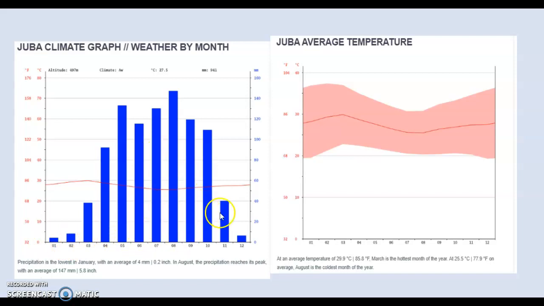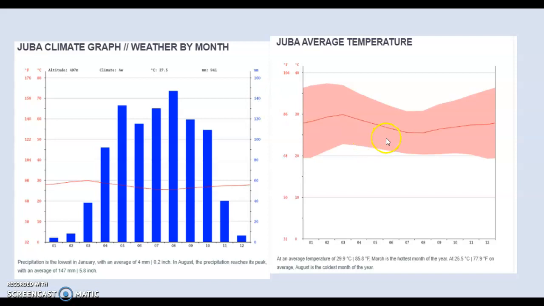Over the summer, a little bit wetter, and then back into November, December, a bit drier. Still not very much rainfall though. This is the rainfall in millimetres. And we're only getting up at the highest amount of rainfall to 140 millimetres, which is 14 centimetres, which is tiny, tiny amounts of rain.